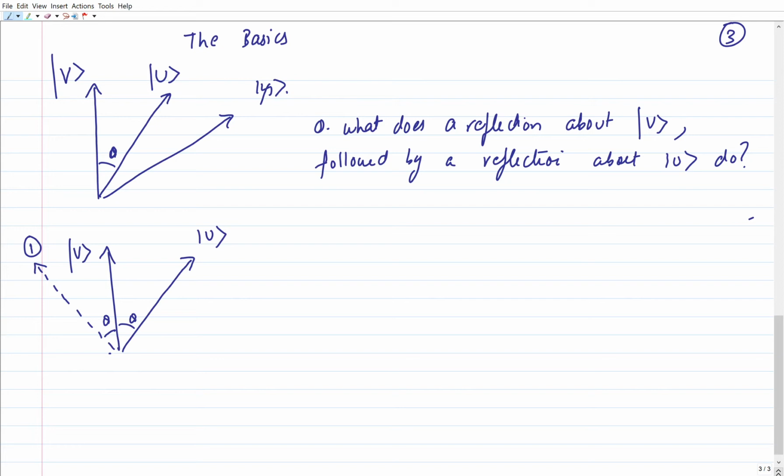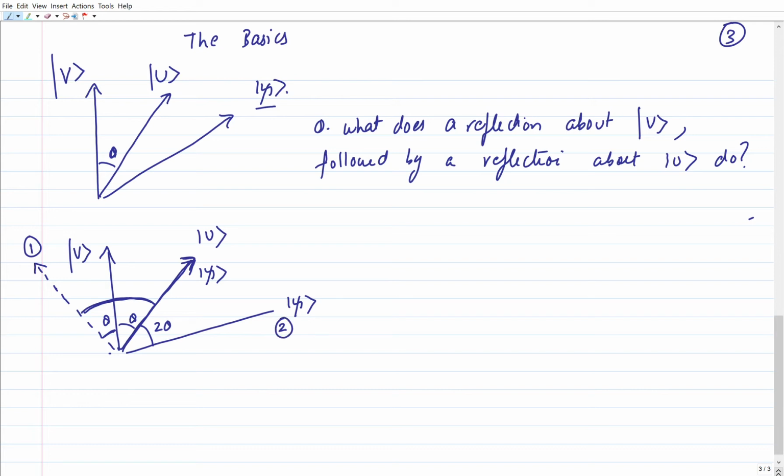Let's say this vector psi was just overlapping with u. The first reflection is here, and for the second reflection, this vector needs to get reflected about u, and that gives me an angle 2 theta, and here's where psi ended up. So that is the second process.